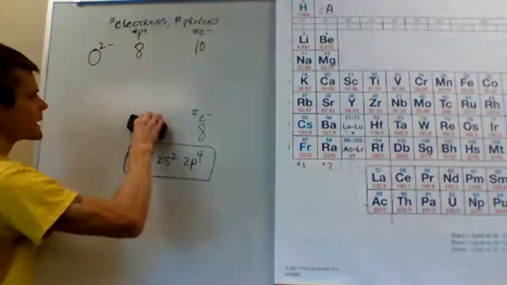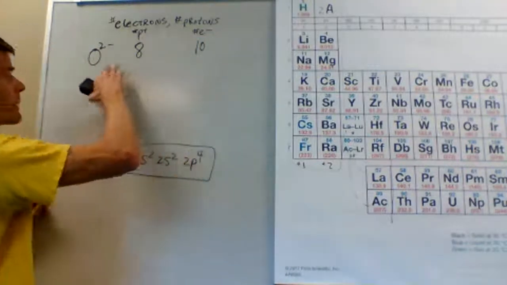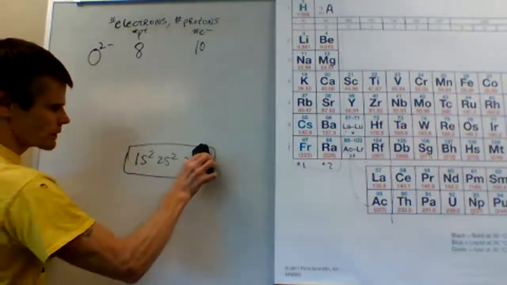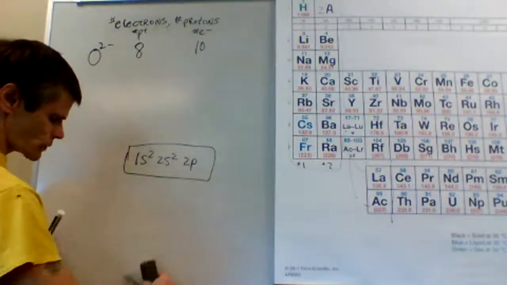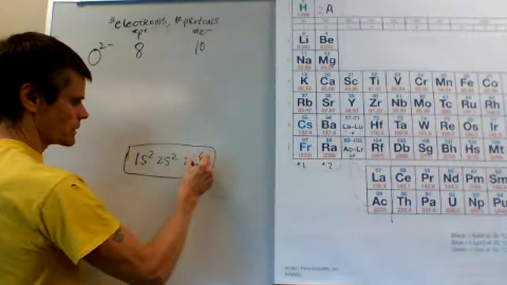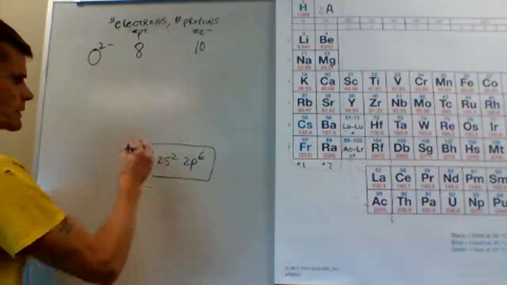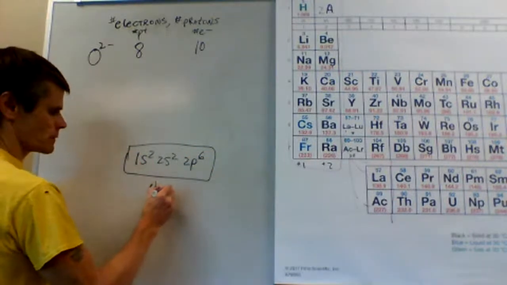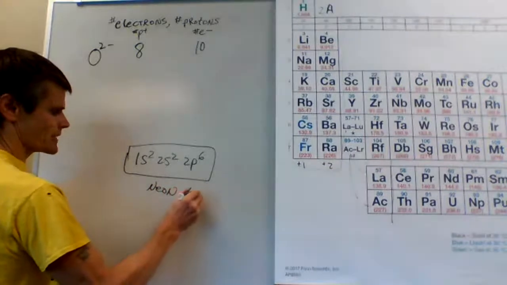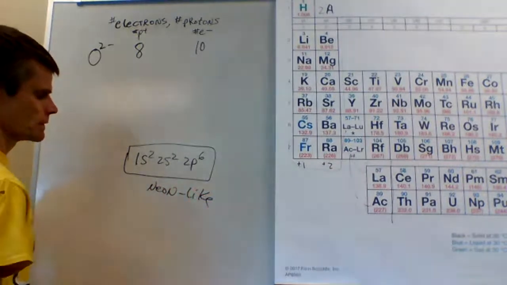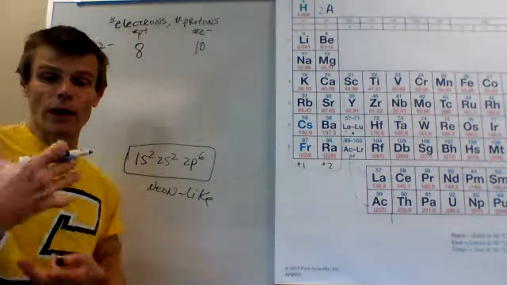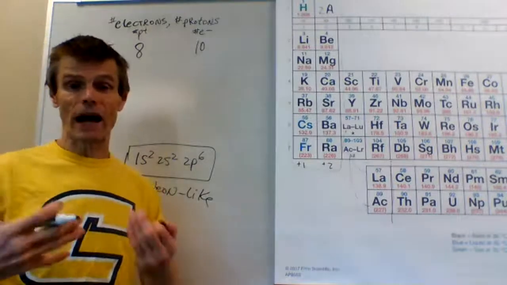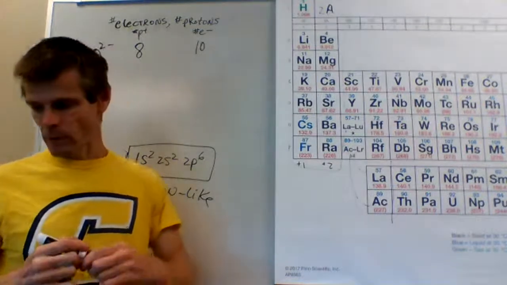The oxide anion would have an electron configuration that's identical to neon. I'll say it's neon-like. Notice that's the driving force for why this ion forms.